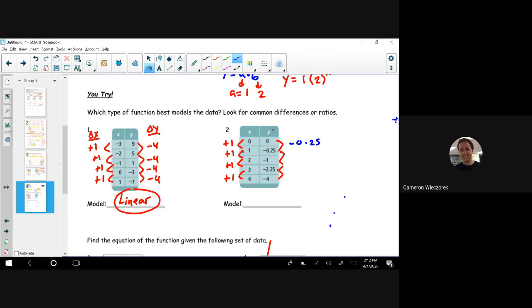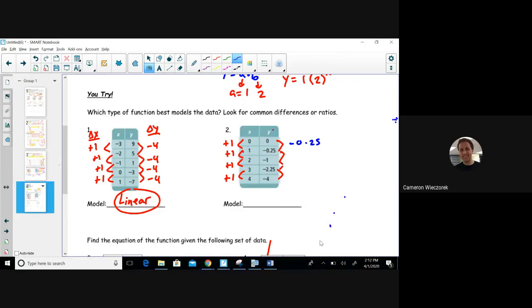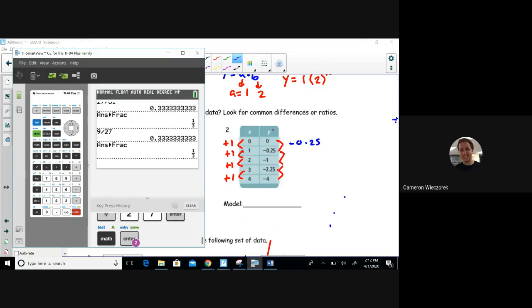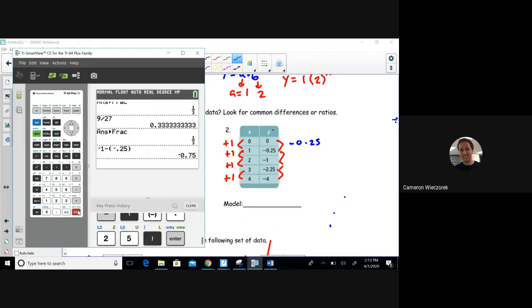So on the calculator, if you were going to do that, where's my TI? There it is. I'm just going to take -1, and I'm going to subtract minus, in parentheses, now I'm using the small negative sign, -0.25. That tells me that from the second row to the third row, it decides to drop by -0.75.